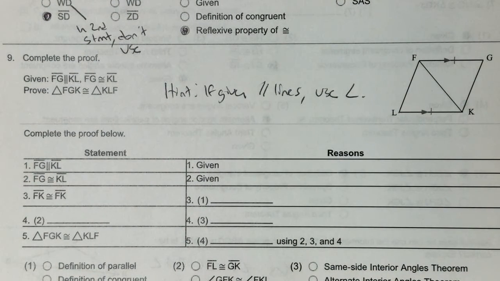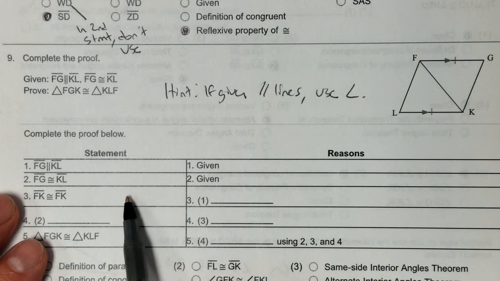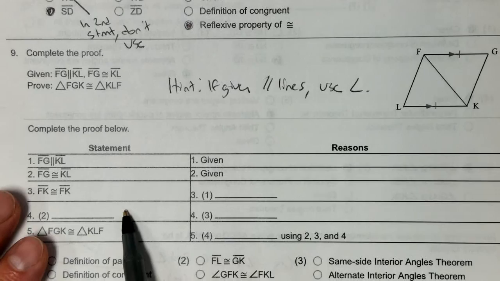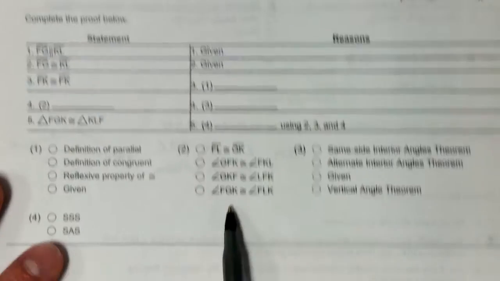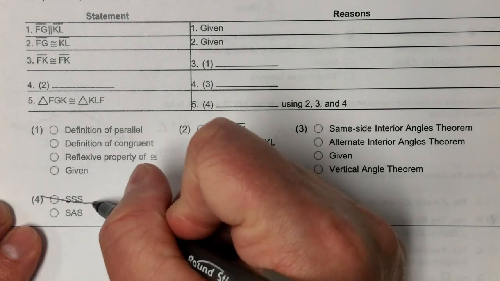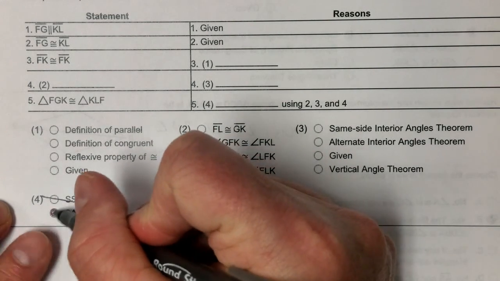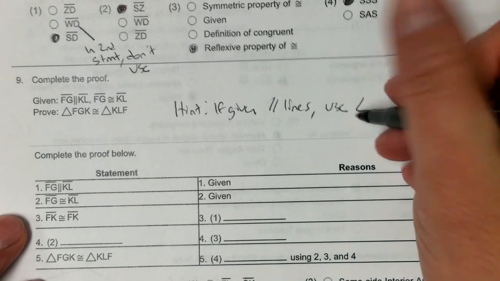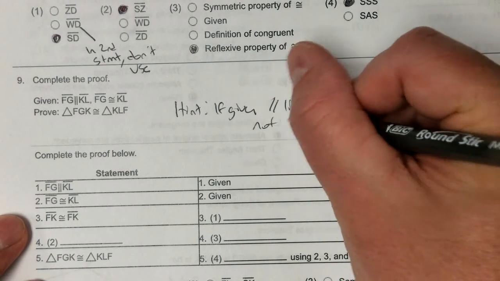And usually it's going to be alternate interior. So as we're working through this one, we're not going to have side, side, side. It's going to be side, angle, side. So it's not side, side, side.